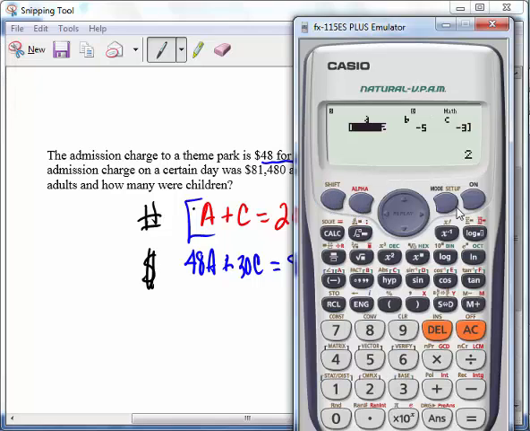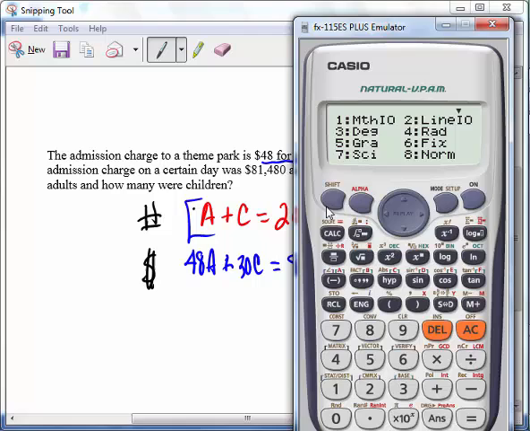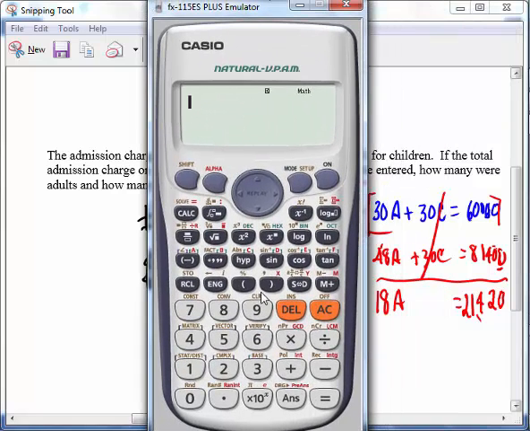I have to get my calculator back to computation. 21,420 divided by 18 is 1,190 adults.